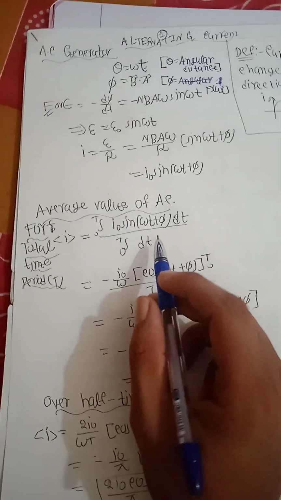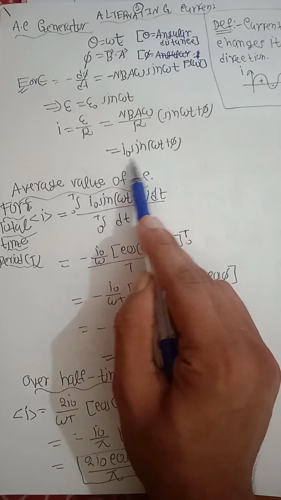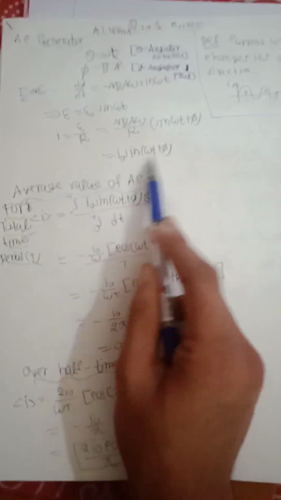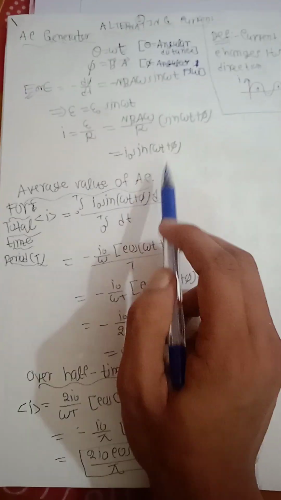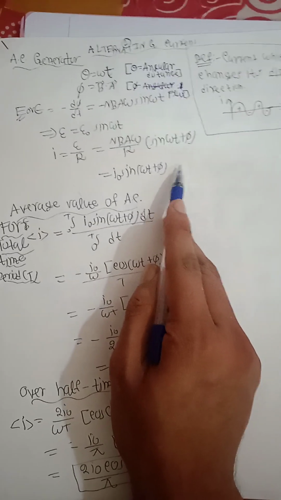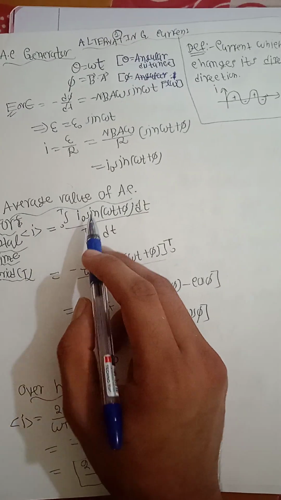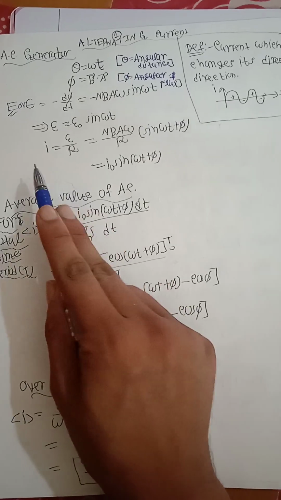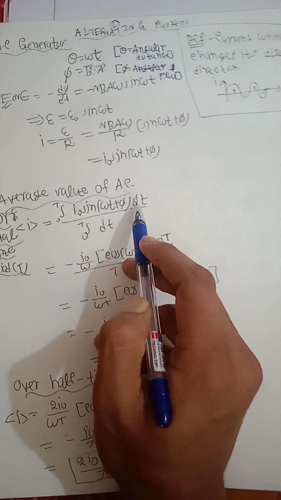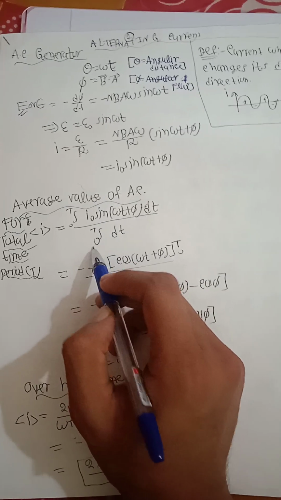We use this formula, I naught sine omega t plus phi, and we have to integrate this over the total time period, from 0 to T, where T means the capital T. So here is the formula: the integral of I naught sine omega t plus phi dt, divided by T, from 0 to capital T.